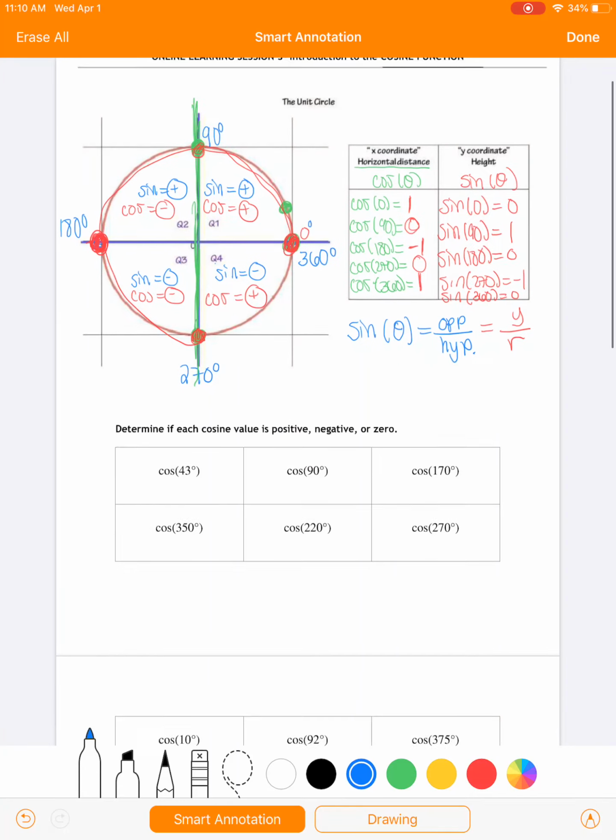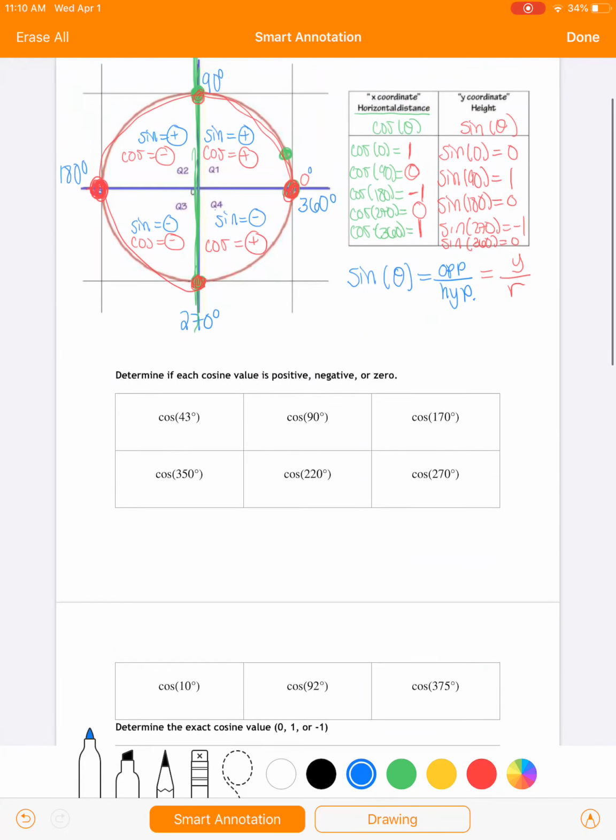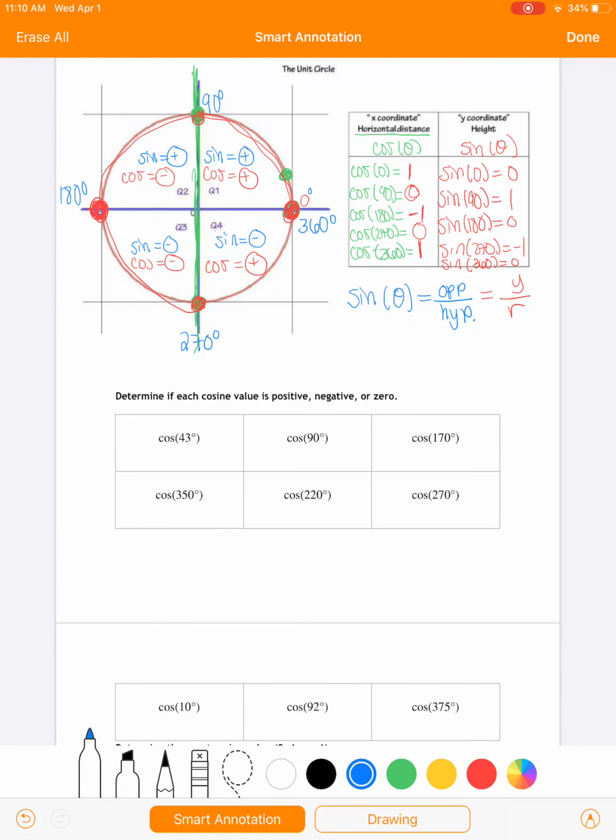So I want you to take a quick second to copy these 6 problems down. Sorry, 3 of them ended up on the bottom of the page. And there's 6 different cosine problems with different angles. I just want you to decide, are those cosine values positive, negative, or 0?